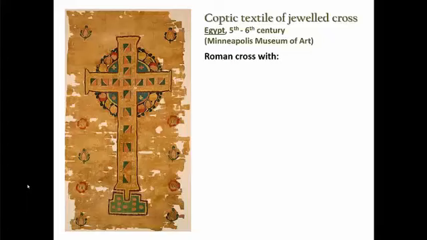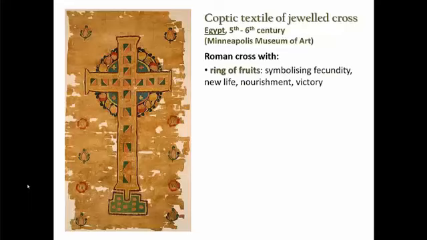Much like in illuminations and texts, religious images in textiles are also highly symbolic. For example here, the ring of fruits symbolizes fecundity, new life, nourishment, as well as victory.